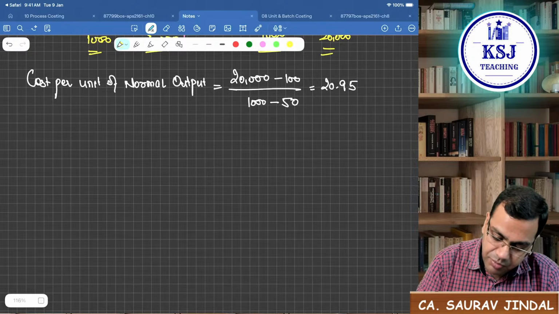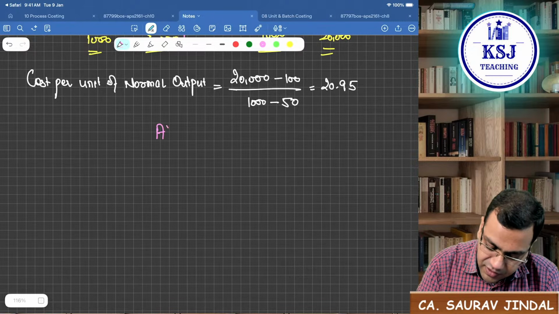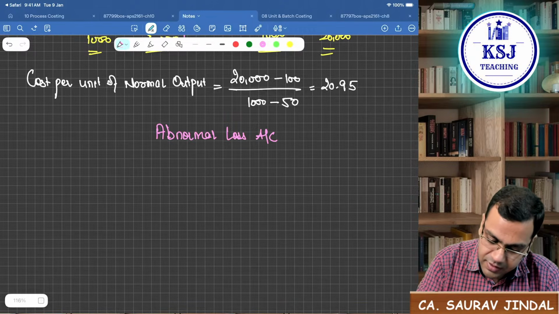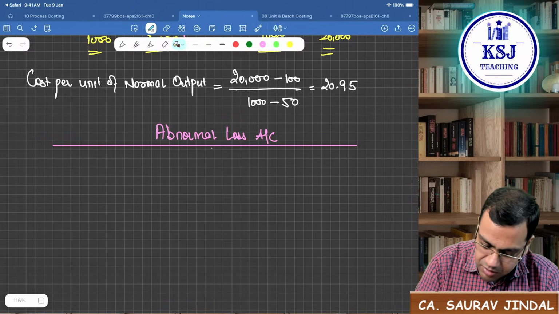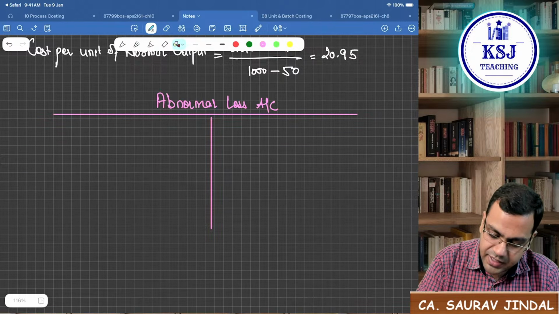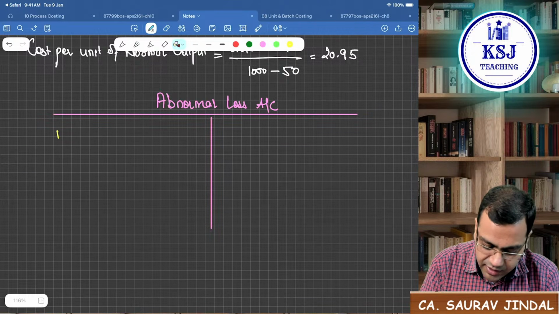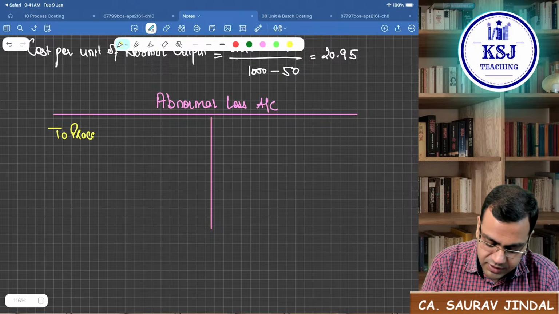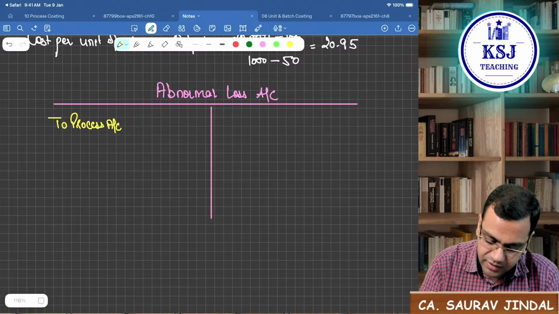So after the process account, you will prepare the abnormal loss account. Right? So what will be there in the abnormal loss account? In the abnormal loss account, you will record here: to process account, abnormal loss of 40 units at 838.